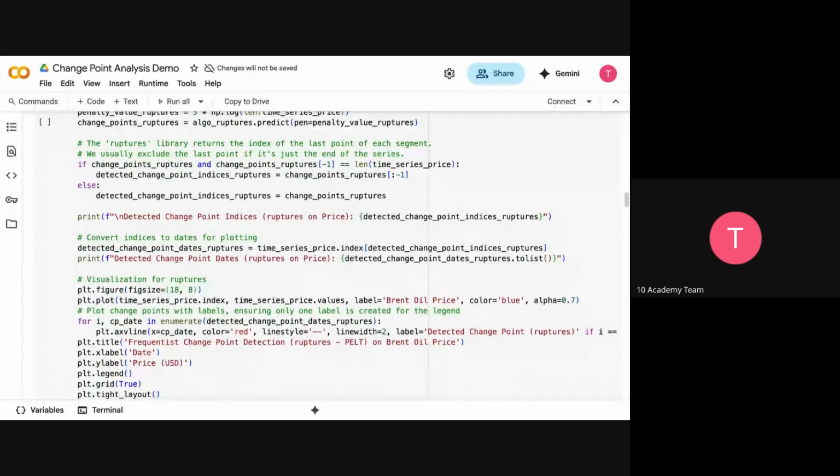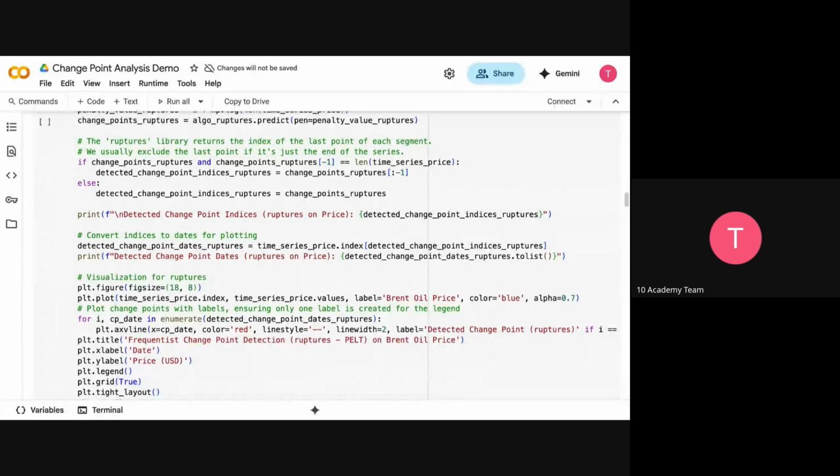So when you specify the number of change points, let's say you wanted to identify 3 change points, it's going to identify 2 using the time series data, and the last one is going to be the last part of the time series.